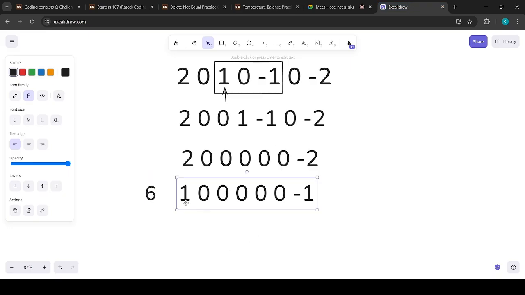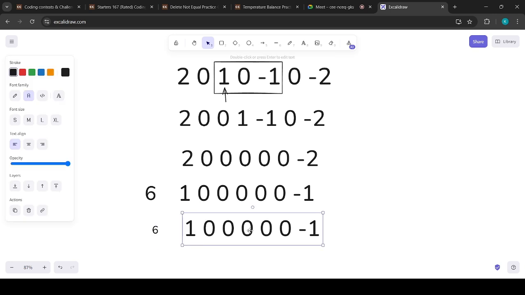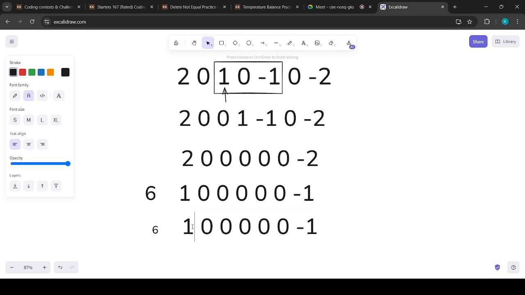And also if we want to shift this temperature to this -1, it will also take plus 6 seconds to shift this temperature to the last, which is -1.